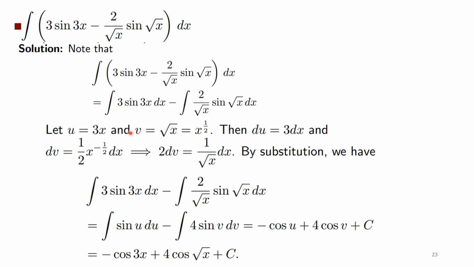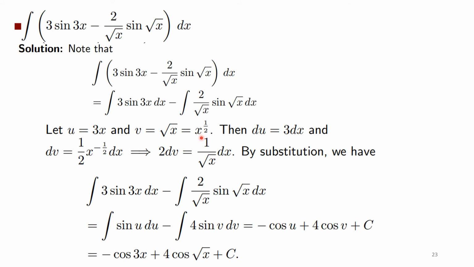Now, for this one, if we let u be equal to 3x, and v be equal to square root of x, then our du here is 3 dx. And dv is 1/2 of, remember that if this is your v, this is actually x raised to the 1/2.